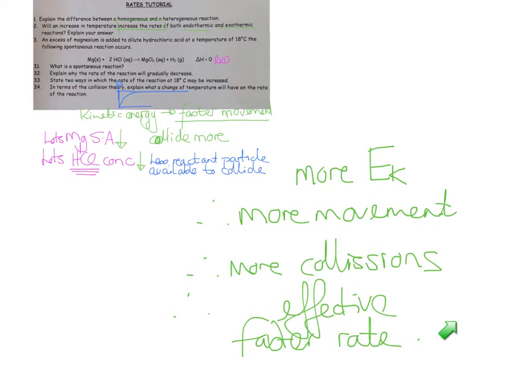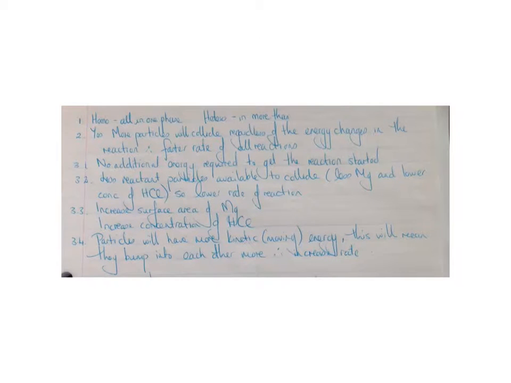So these three points come up no matter what you're trying to point out. Increase in concentration means there are more moles of particles in the space, therefore there are more collisions. More effective collisions, faster rate. Those are just the answers.